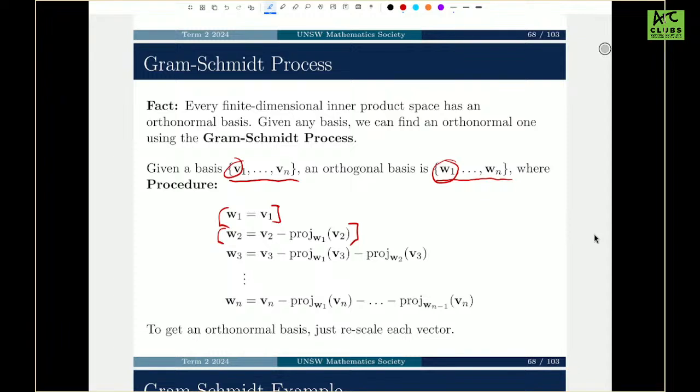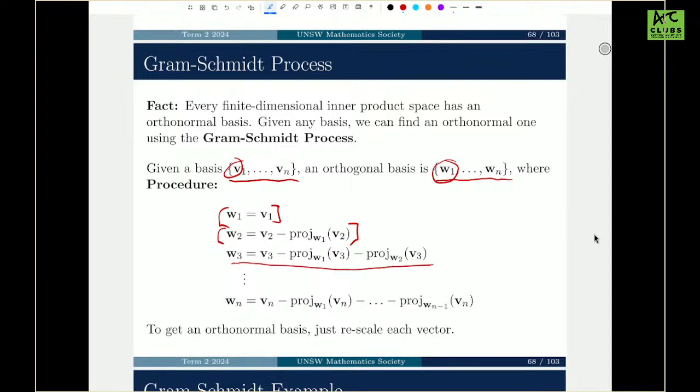Now we can continue this process by doing all these vector projections. For W3, we say okay, well, we're going to find something that is orthogonal to W1 and W2. So then we end up going with, we choose this as our vector for W3. We say it's equal to this.